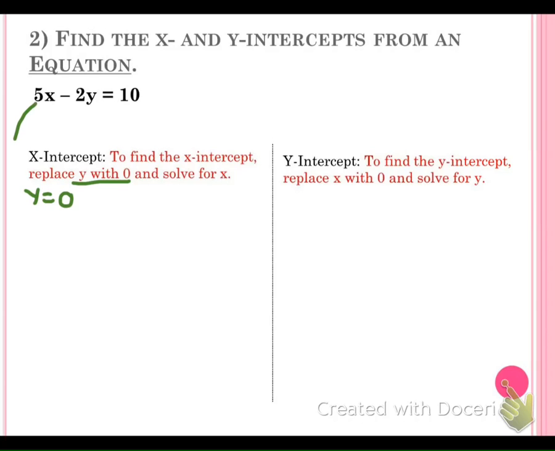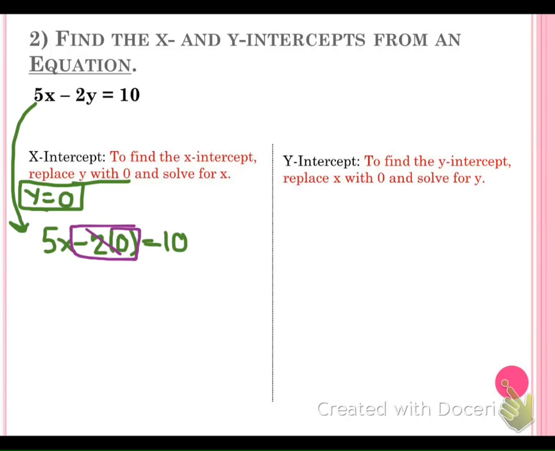So I get my function, and I write 5x minus 2 times 0, because that's what y is going to be, equals 10. If you notice, -2 times 0 is just 0, so it's gone. We're left with 5x equals 10.